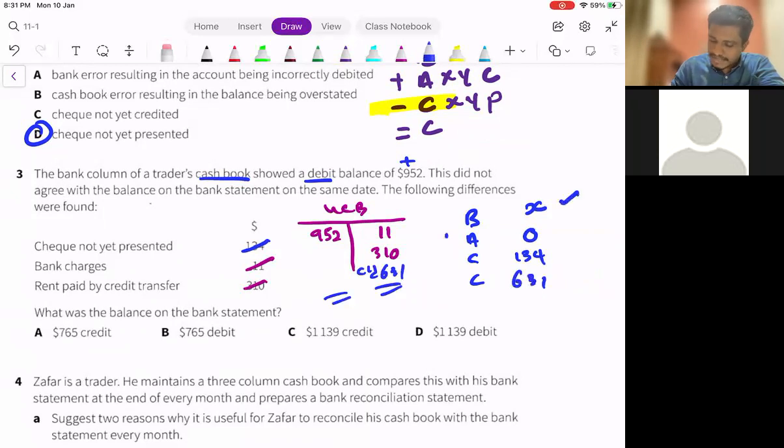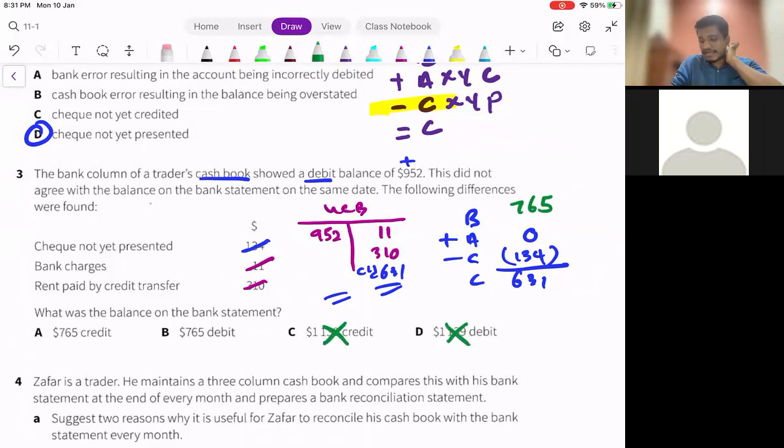X plus 0 minus 134 equals 631. So what I do, 631 plus 134, I get a balance of 765. That's my answer. 765, debit or credit?